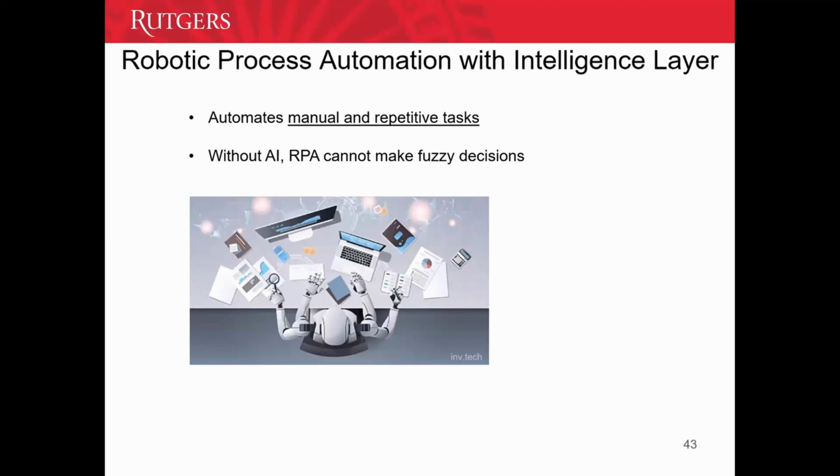And when an intelligence layer is included, such as the optical character reader, then indeed this setup of RPA with an intelligence layer transforms the whole system into artificial intelligence. But without that intelligence layer, robotic process automation all on its own is not artificial intelligence.